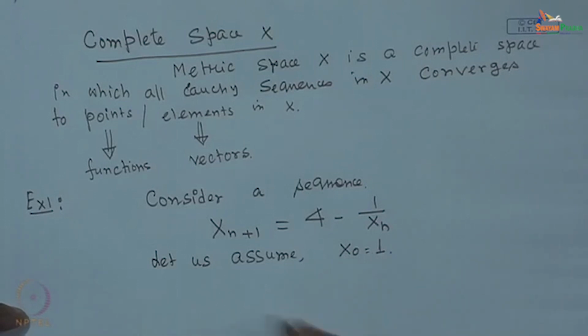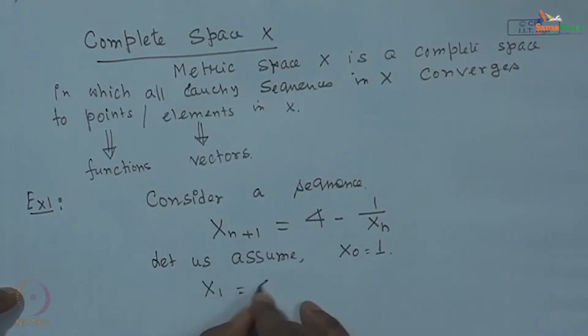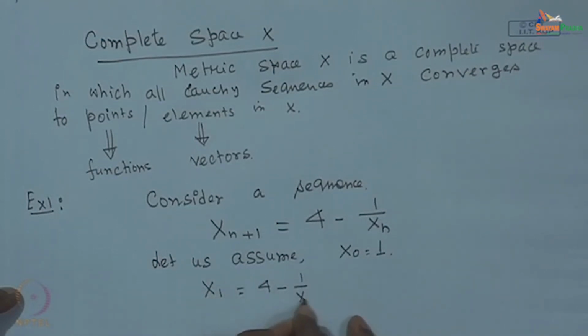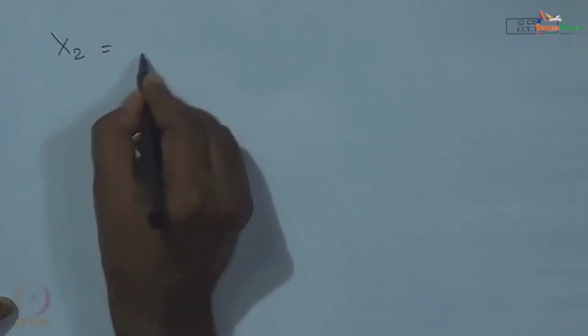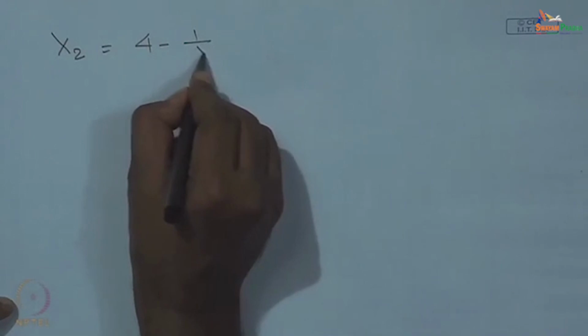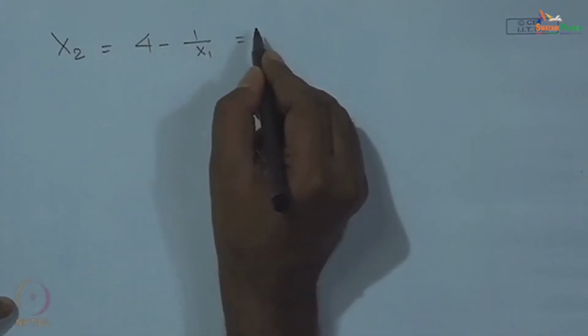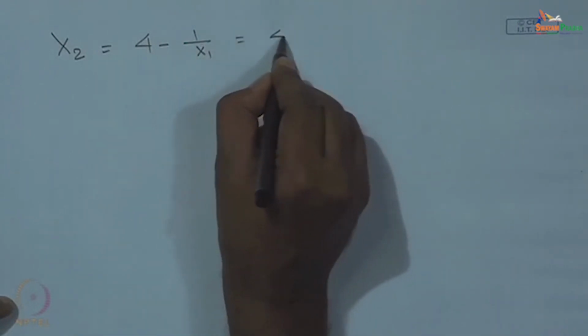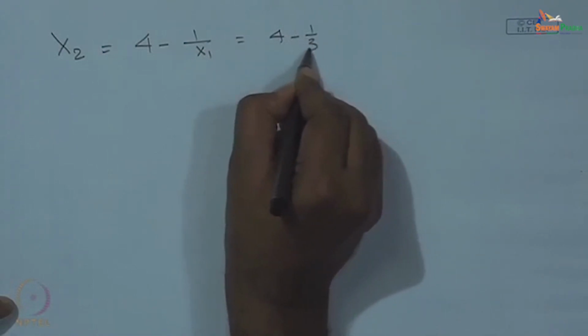Okay. So, we generate the sequence. We put the value n equal to 0, 1, 2 like that. So, x1 will be nothing but 4 minus 1 over x0, so it will be 3. x2 will be nothing but 4 minus 1 over x1. x1 we have already found out, it is 3, so this is 4 minus 1 upon 3.